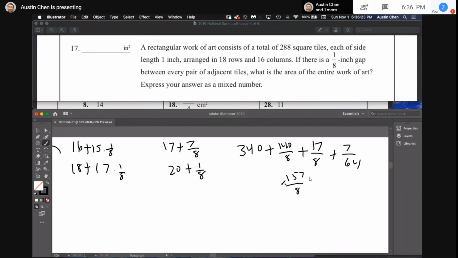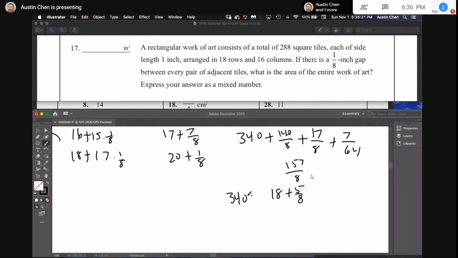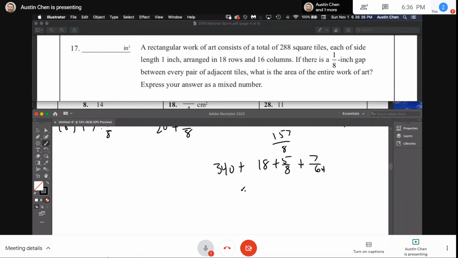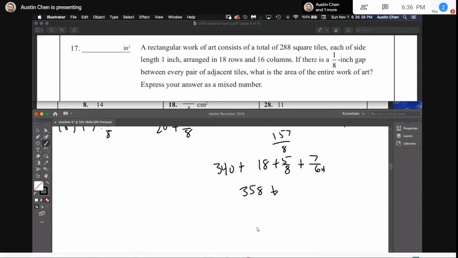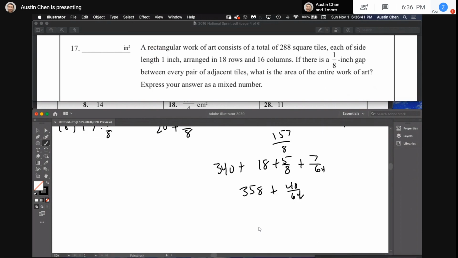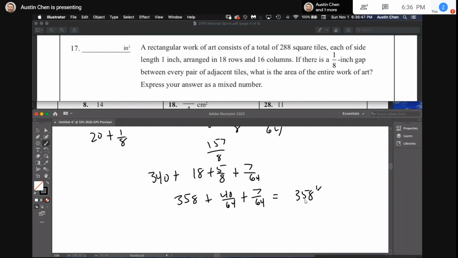So this is just going to be 18 plus 5/8. So then we have 340 plus 18 plus 5/8 plus 7/64. So then we have 358 plus 40/64 plus 7/64. And this is 358 and 47/64.